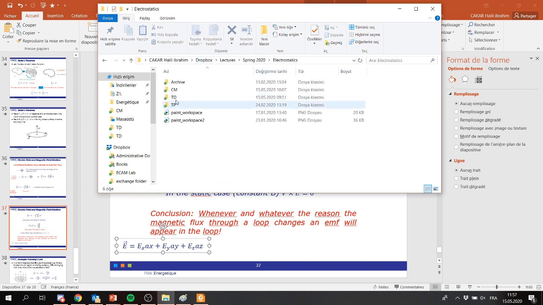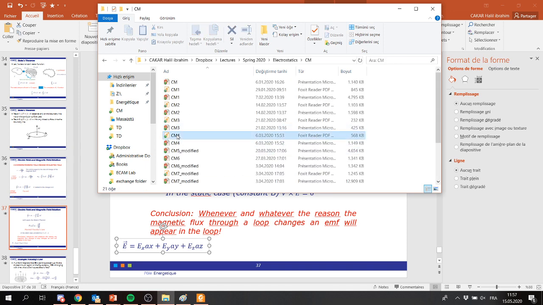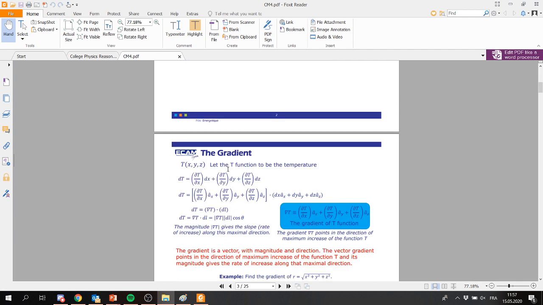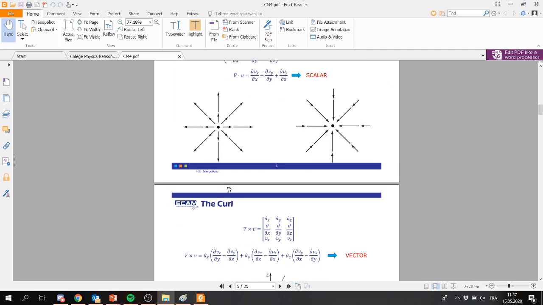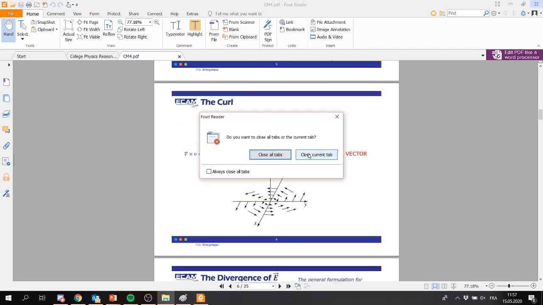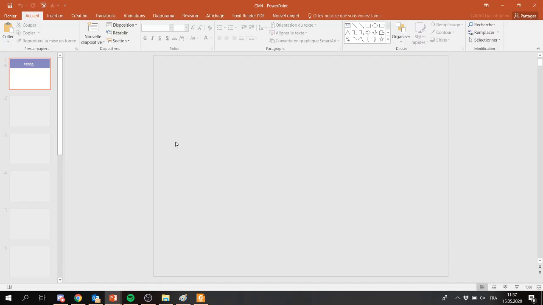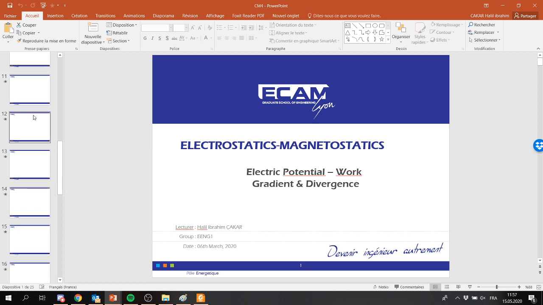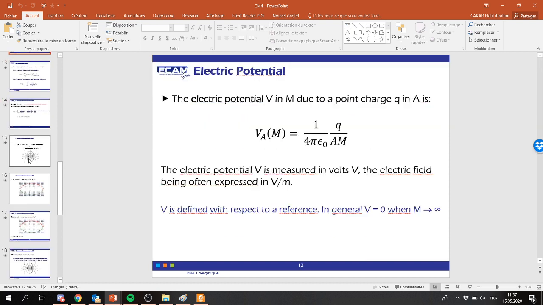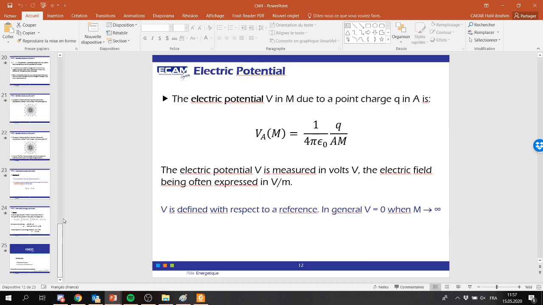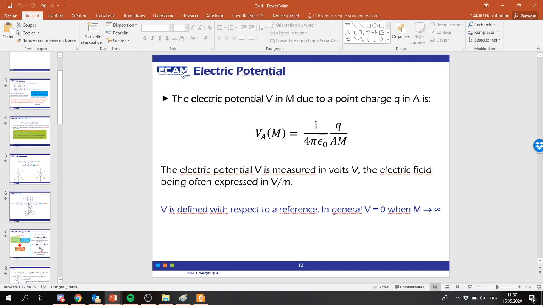So simply it will be equal to, I don't want to rewrite because it's very long. Voilà.